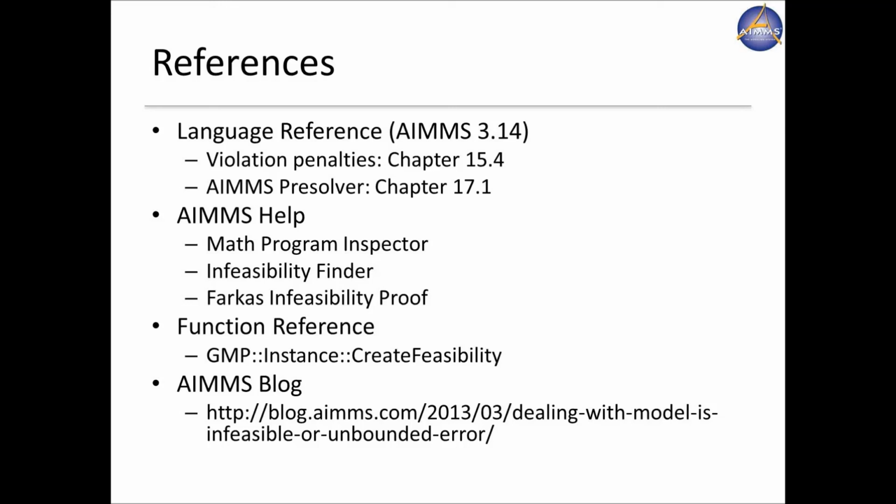To be honest, I have never used it in practice. I only used it for testing the functionality, so I don't have a good answer for when it should be used first. I only see it as one possibility. If the other two, the IIS or using excess variables, do not work, I would use the Farkas infeasibility proof.